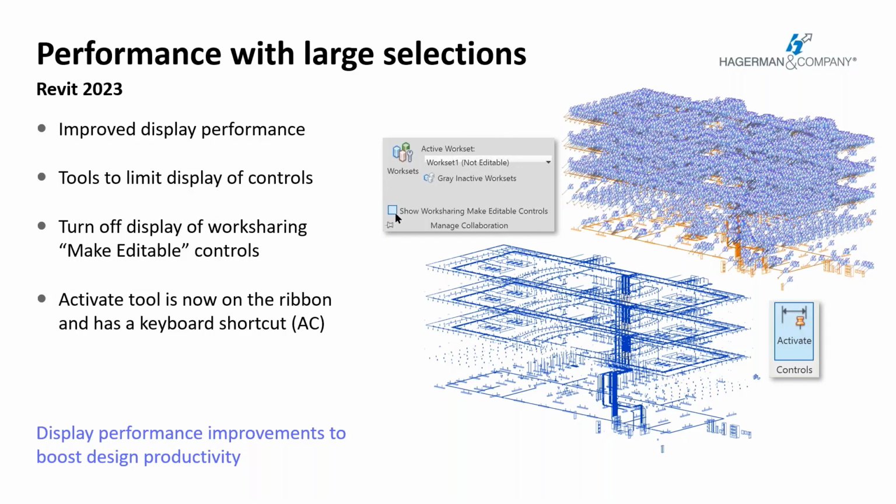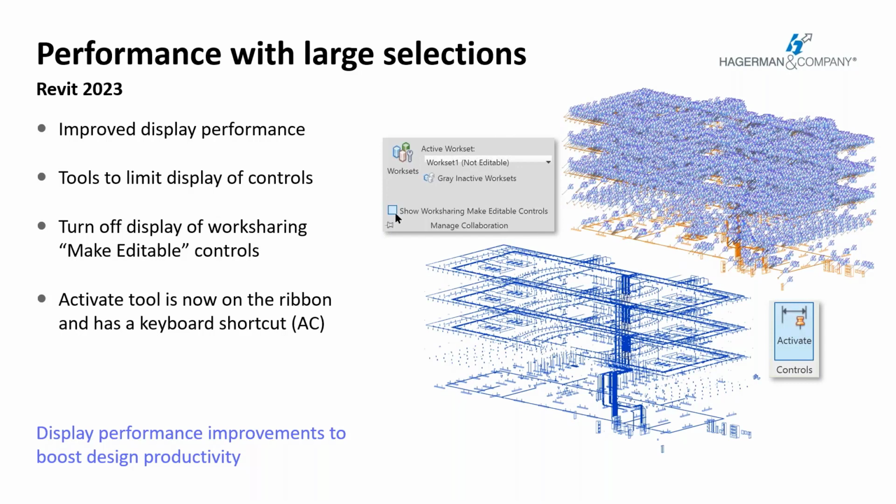The activate dimensions has been removed from the options bar. So now when multi-select is activated, so when you select a whole bunch of stuff, there's a control panel on the multi-select ribbon to activate controls and dimensions. The activate tool enables or disables the visibility of pins, constraints, and temporary dimensions.